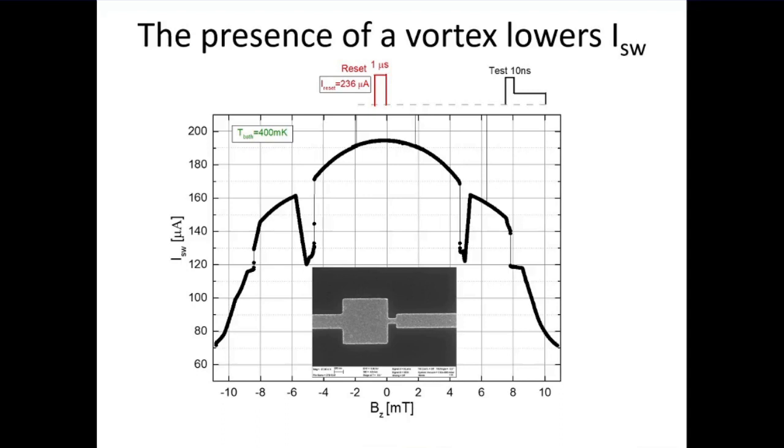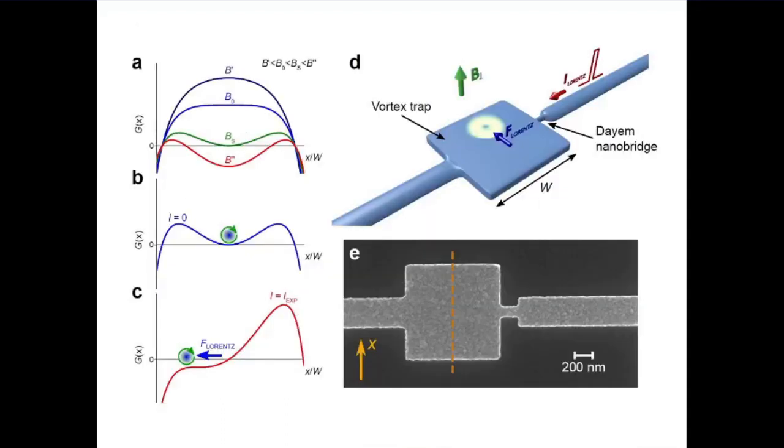So when we increase the field further, the trapping potential becomes deeper and deeper, and then it's impossible to apply a reasonable current which would be able to tilt the energy landscape to the extent that we can get rid of the vortex.